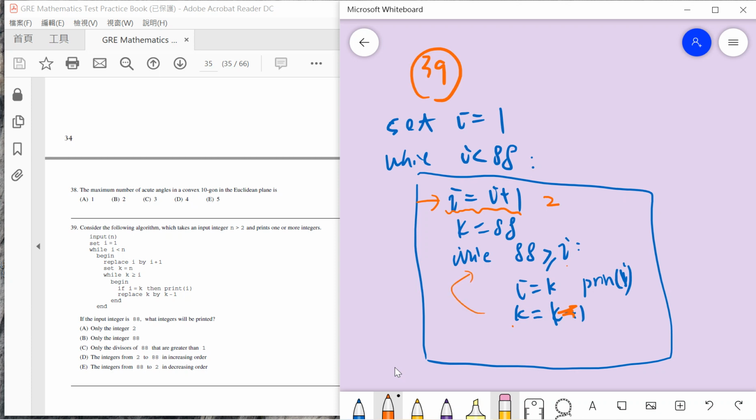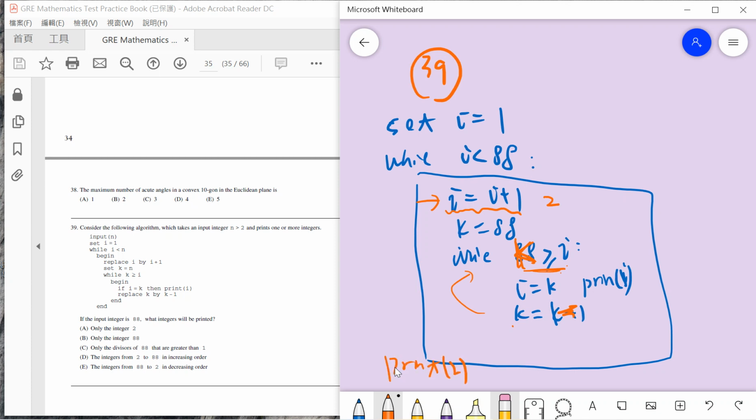So 87 is still larger than 2. So 87 minus 1 becomes 86. And 86 is still larger than 2. So 86 minus 1 goes to 85. Until k becomes 2. Then it will print 2.